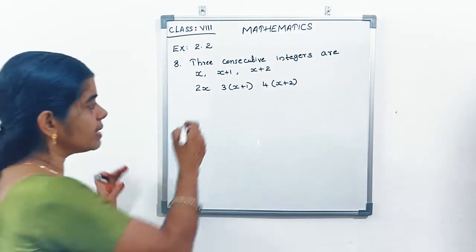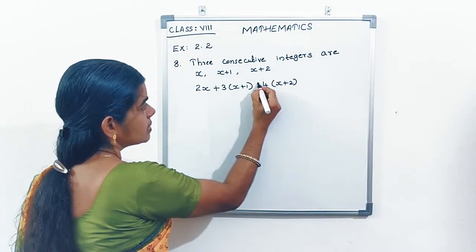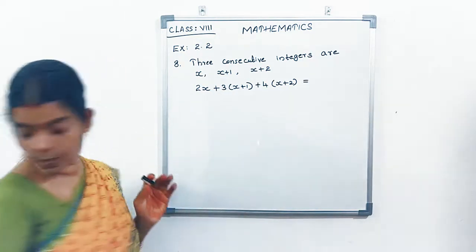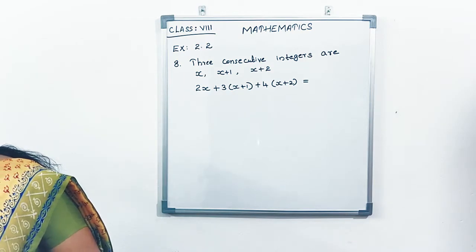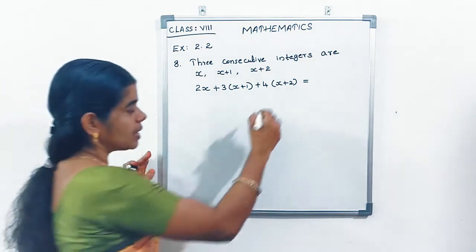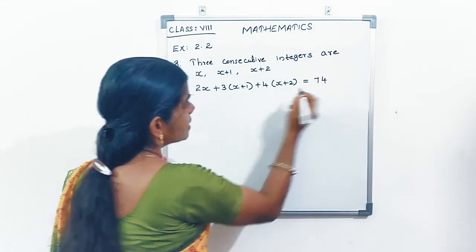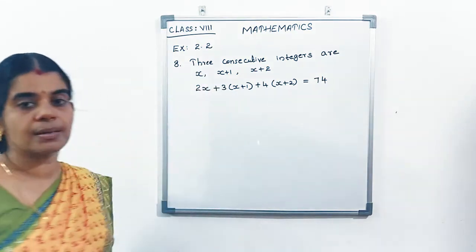When we add these three, the sum is equal to 74. You want to find these numbers.